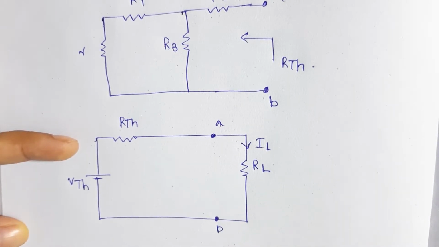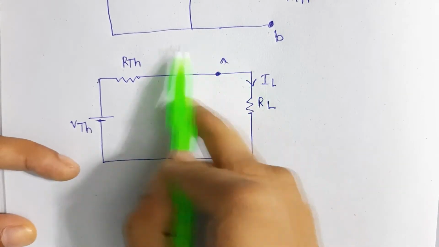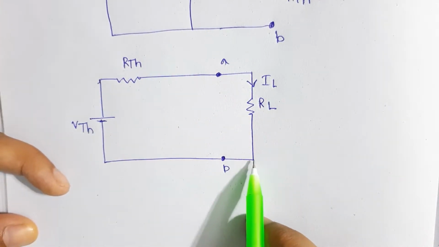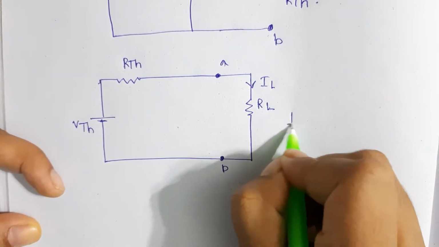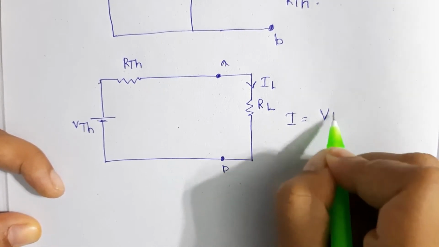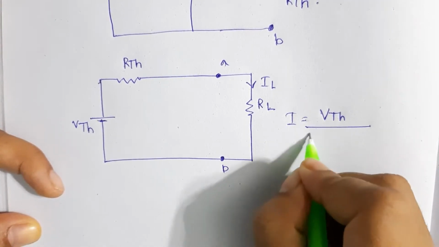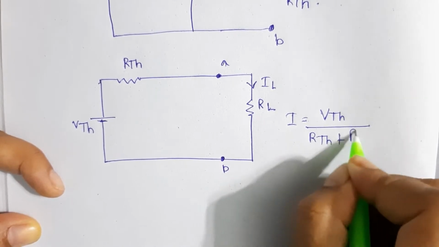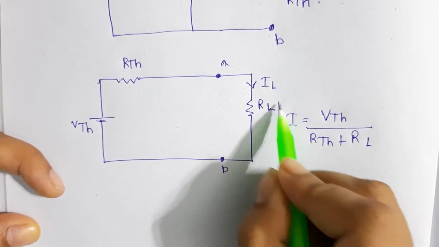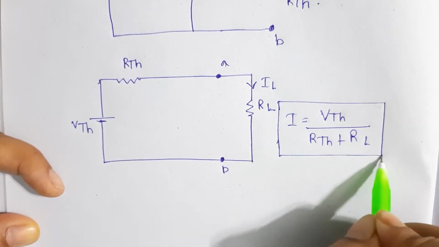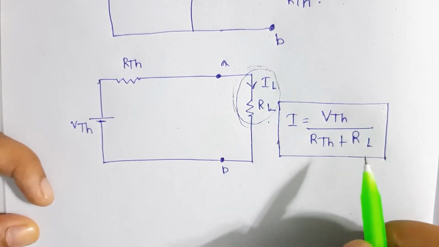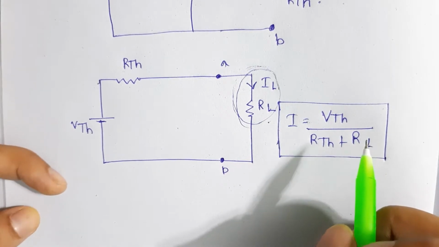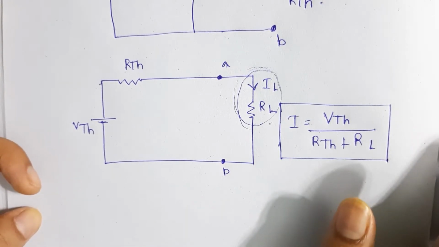This is our final circuit, from where we calculate the current flowing through this RL by using the equation I equals VTH by RTH plus RL. So this is the entire process of Thevenizing the circuit.